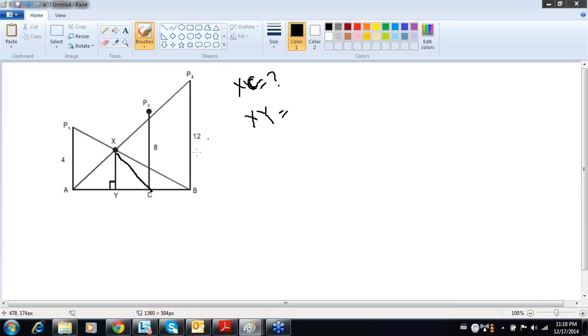XC is the value that we are going to calculate. So XY will be what? Just use the theorem. So we have 4 into 12 upon 4 plus 12. That means 48 upon 16. 48 upon 16 is equal to 3. So XY is 3.